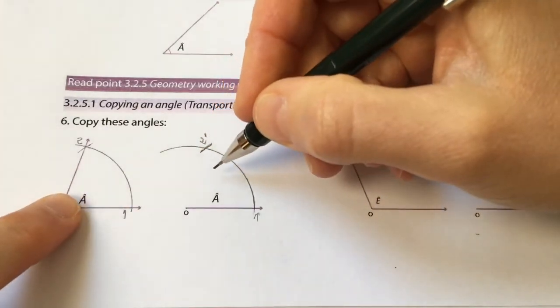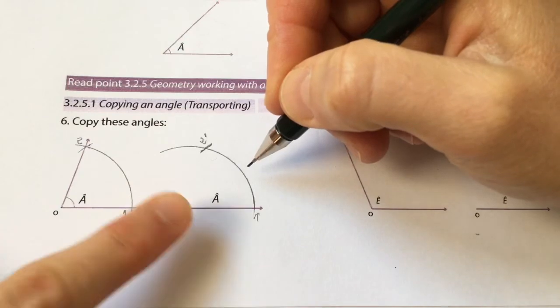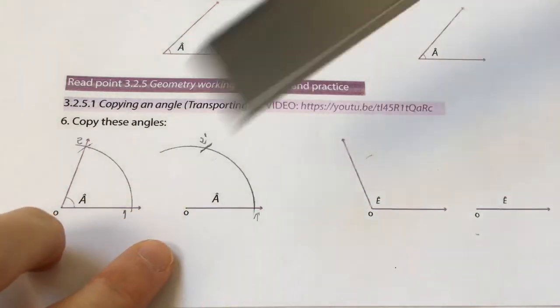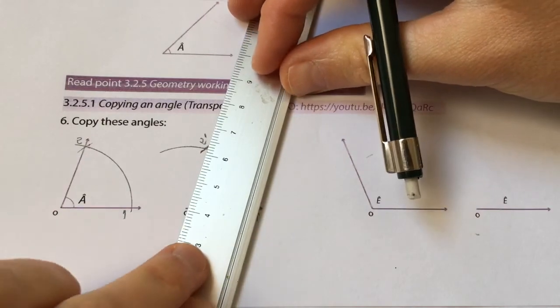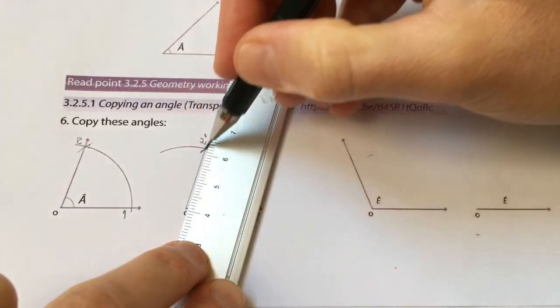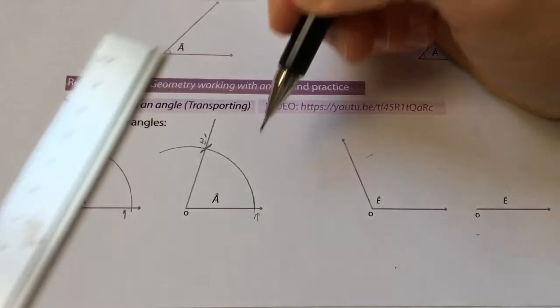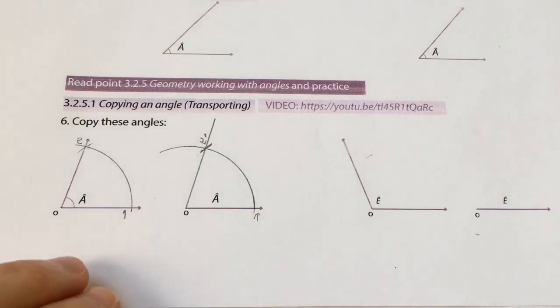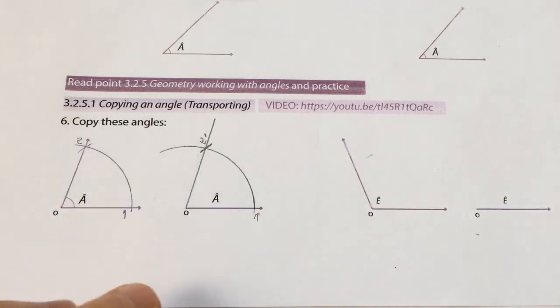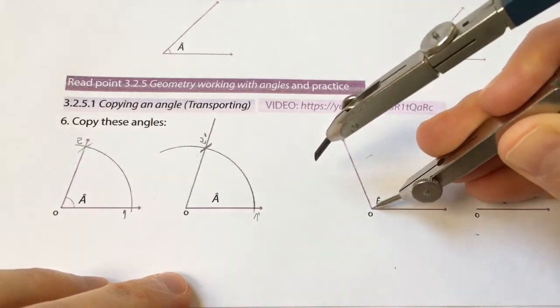To copy angle A on this given ray, you just have to connect the vertex of the angle with point 2 prime. This is angle A copied. We don't usually use the protractor to copy an angle because it's not precise enough. This is why we use the compass and the ruler.